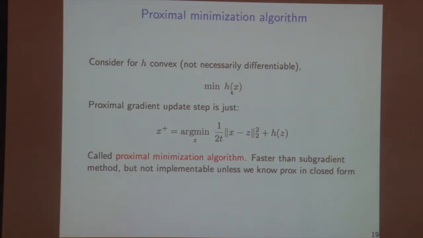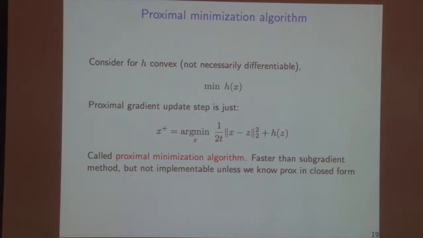So all we have is minimize h of x for some particular non-differentiable but convex function h. We know how to do this with subgradient descent, but we can also do it in this framework by considering the special case when g is 0. What it reduces to is just repeatedly applying the prox, because there is no gradient step. There's no g. So you just repeatedly apply the prox over and over again to minimize h.